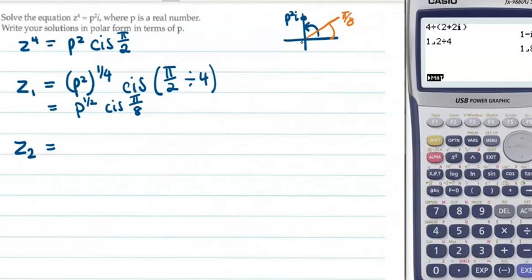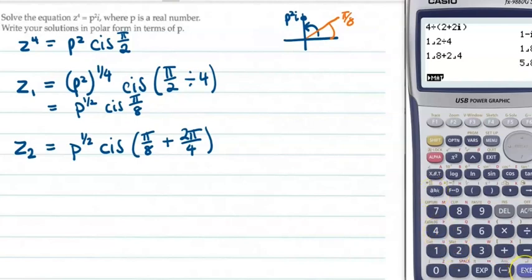So the modulus doesn't change, that's still p to the half, which is the square root of p, doesn't matter which way you write it. And our argument, the next argument along, will be to take the one we started at and add on 2 pi divided by 4. So a full circle divided into 4 pieces. That's basically what we're saying. So 1/8, add on 2 quarters or half, and we will have 5/8. So this is p to the half cis 5 pi by 8.